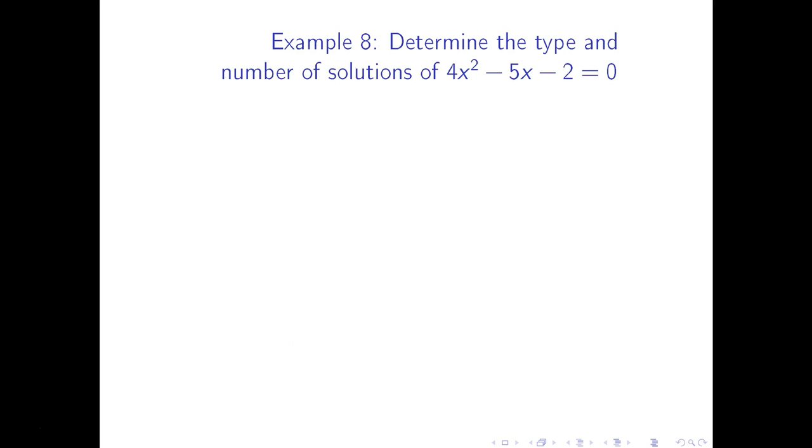All right, what about this? Can you determine the type and number of solutions of this one? Well, again, we can use the discriminant. Nice part, this is already in standard form.